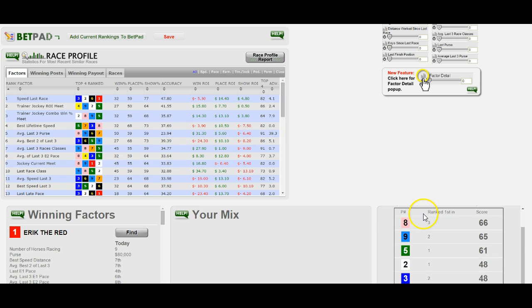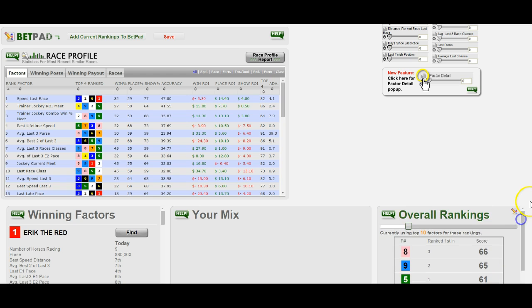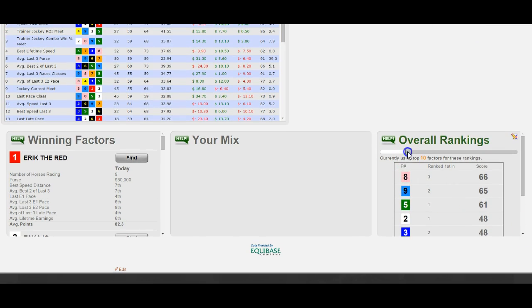If we go back down to the overall rankings over here, and we set this all the way back to 45, you can see that the 5 is ranked first in 6 of them, the 3 is ranked first in 9. Now this is an interesting thing to note here too.